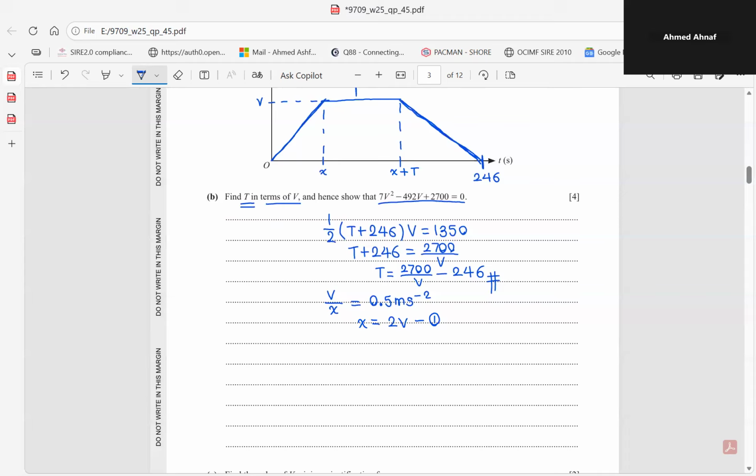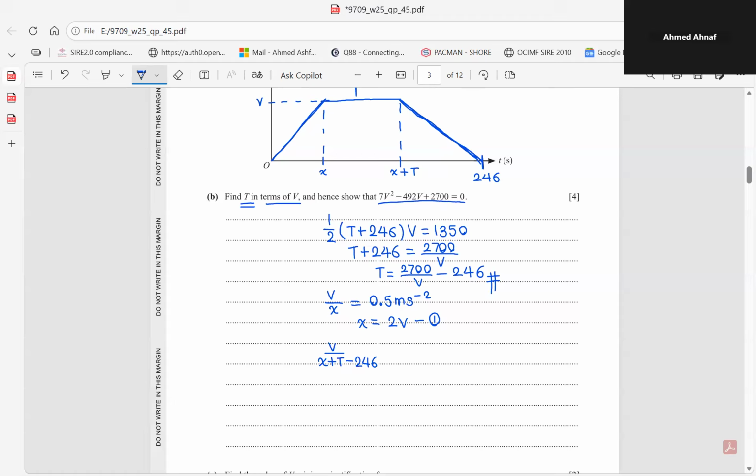So y2 I'm going to take as v, y1 is 0, and then over x2, which is x plus t. Sorry, x2 minus 246.